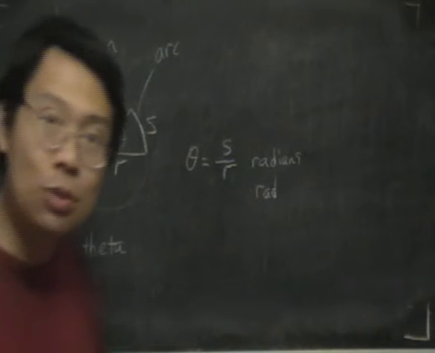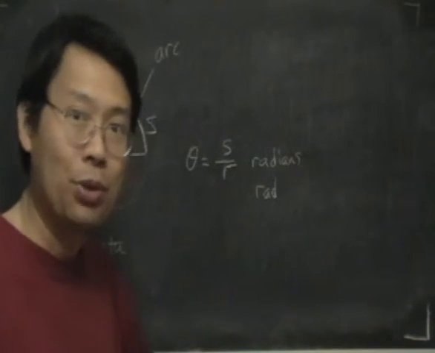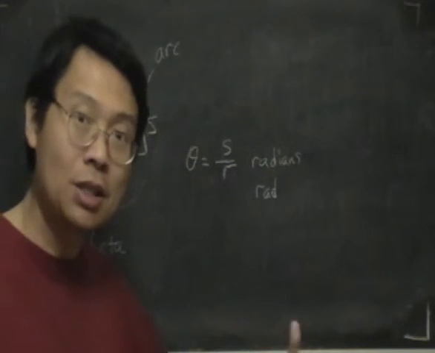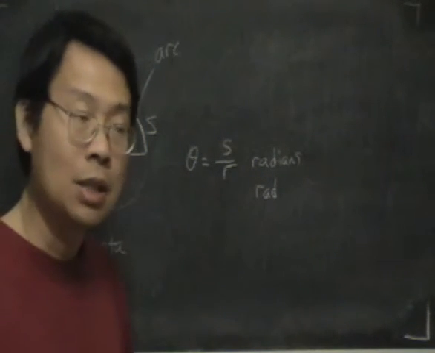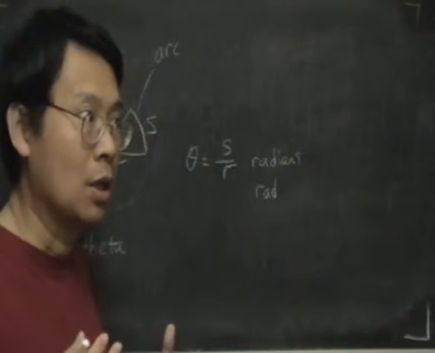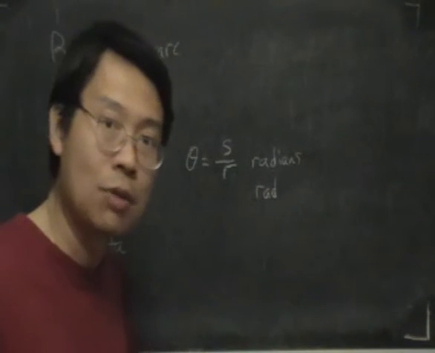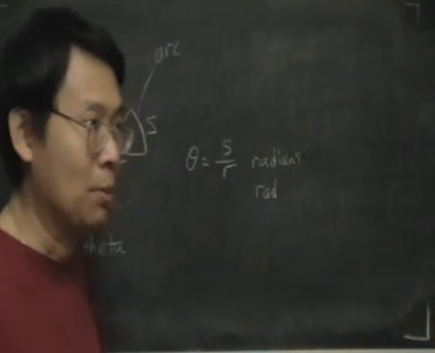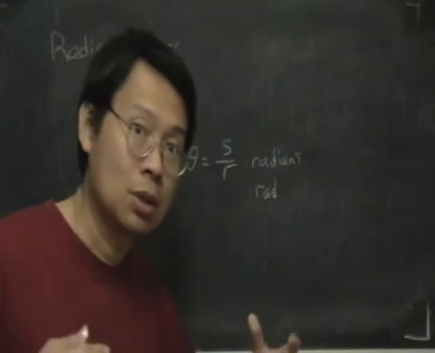The reason is unfortunately beyond what we are going to learn in this course. I would just say that using radians is a lot more convenient when you start doing more difficult mathematics, particularly a type of mathematics called calculus.